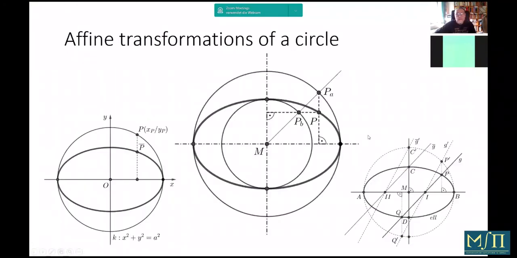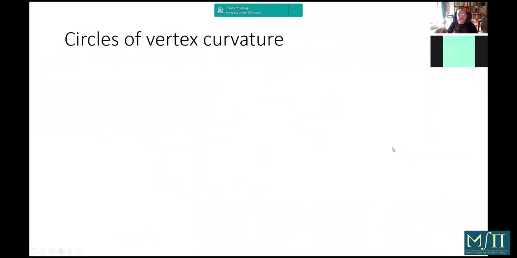Okay, so we've just considered this, and now I'd like to go on to consider the circles of vertex curvature. This is a third concept that will be shown to be quite useful.